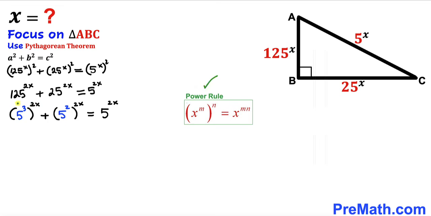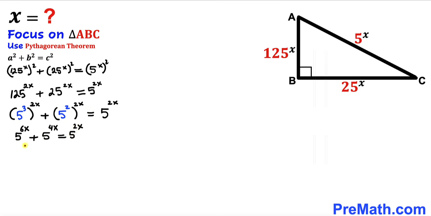We multiply out these nested exponents, and likewise these as well. So this can be written as 5^(3 times 2x), which gives us 5^(6x), plus 5^(4x) equals 5^(2x).